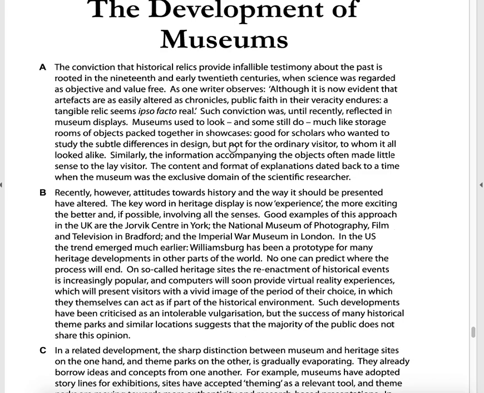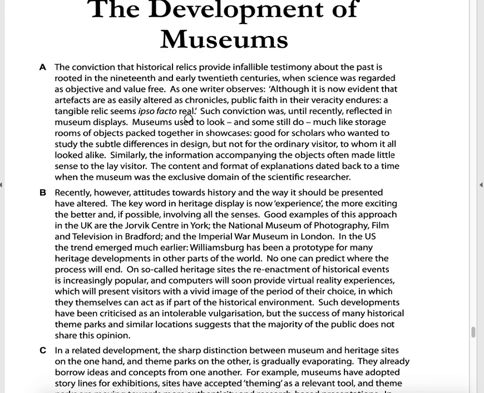So we have to read or scan the whole paragraph, remember, so we can get the first one, okay? Relics, things from the past. Evident and artifacts. Ipso facto. Real.